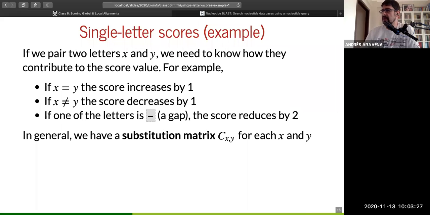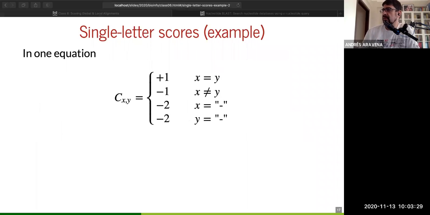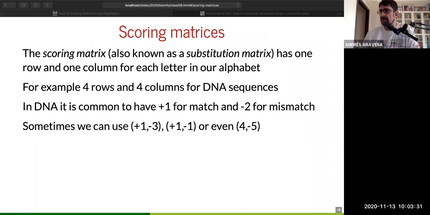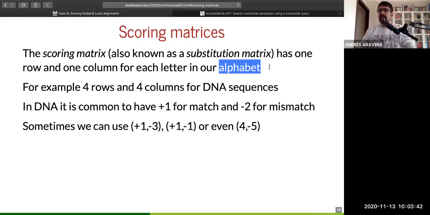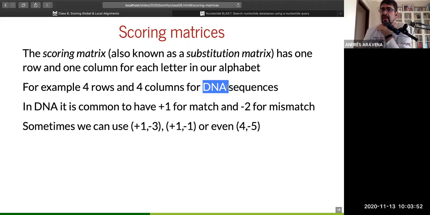Okay, let's finish this so we can have a break. So the scoring matrix, also called the substitution matrix, has essentially one row and one column for each letter in our alphabet. Alphabet here means the set of letters that we are considering. For us, the alphabet in DNA is ACGT.